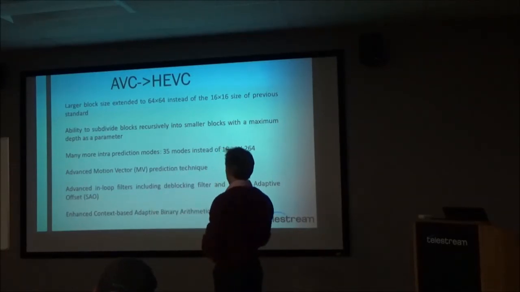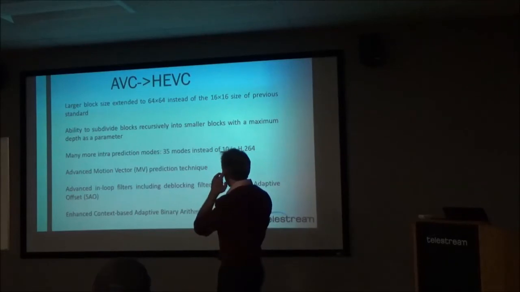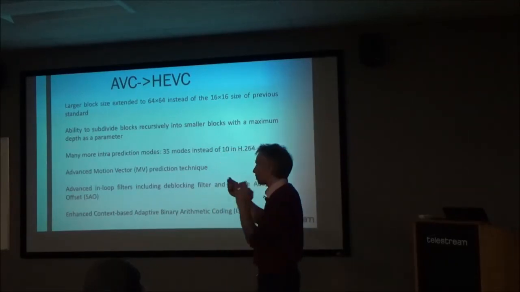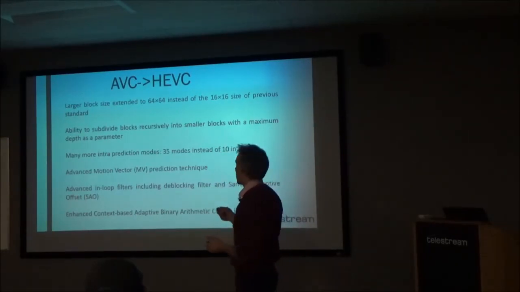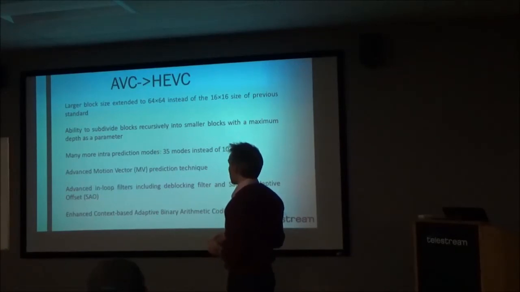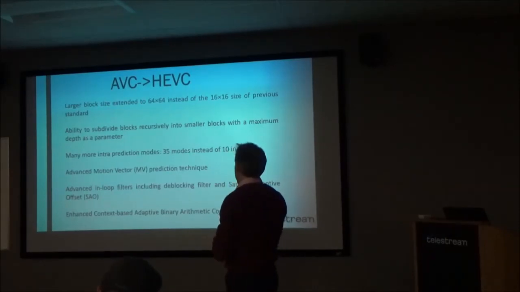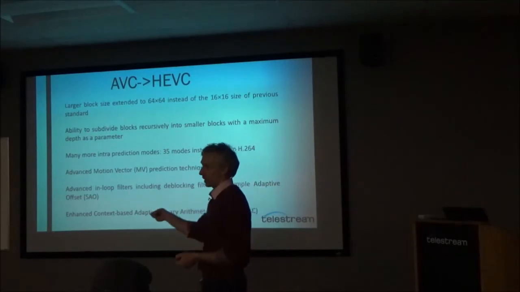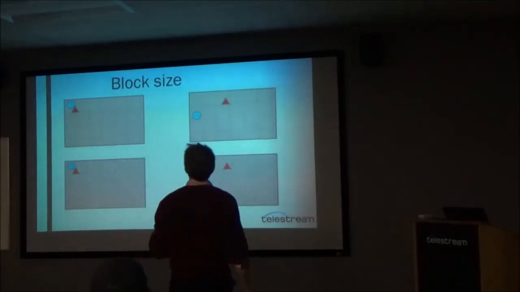It's all very clever at this point. We added another type of filter. I explained the deblocking filter, but now there are these other filters as well to take account of other artifacts like ringing in the picture. And then there's apparently an enhanced CABAC, which is probably even more difficult to explain than the first CABAC.